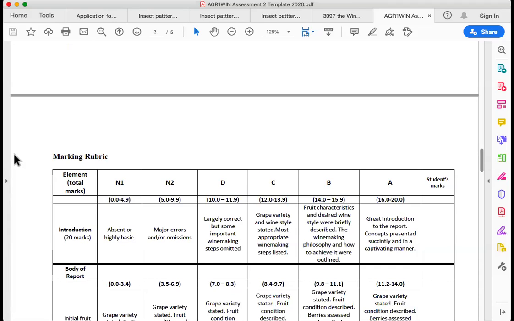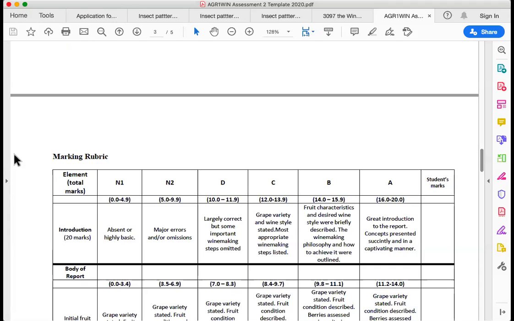And whatever aims you had at the beginning of the project, this is probably the time to state them as well, because it'll then give you an opportunity to reflect upon those as the report progresses.